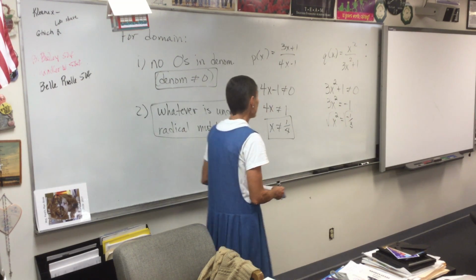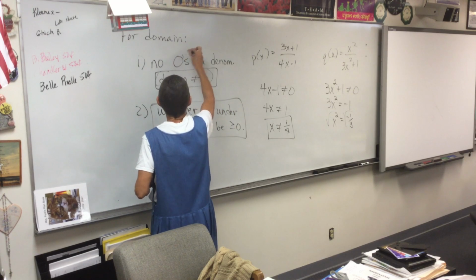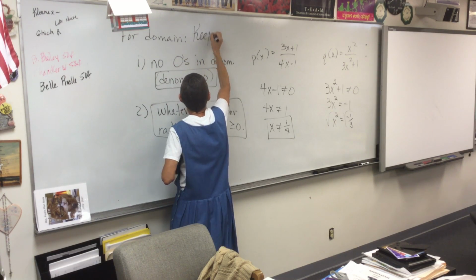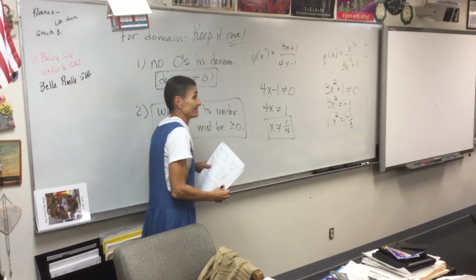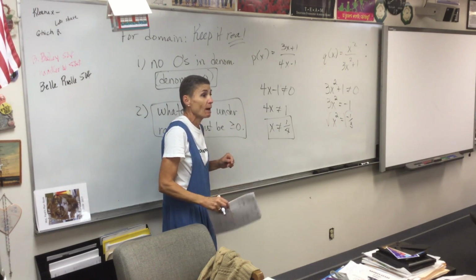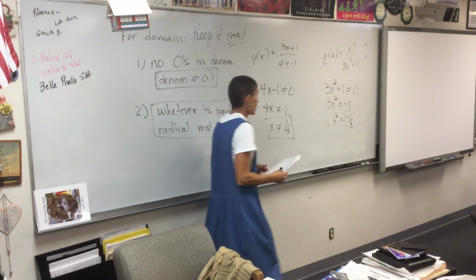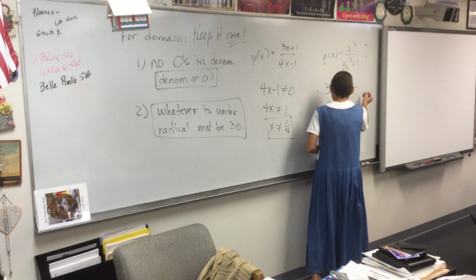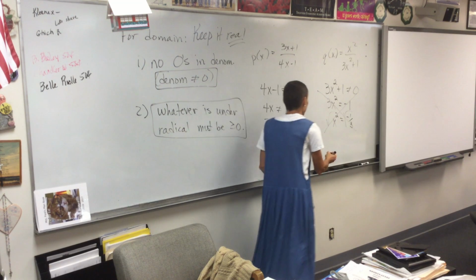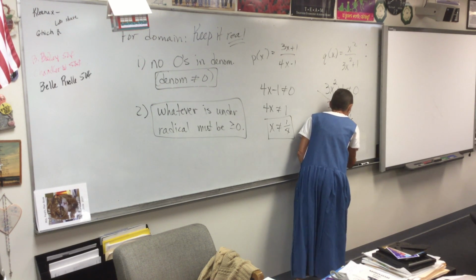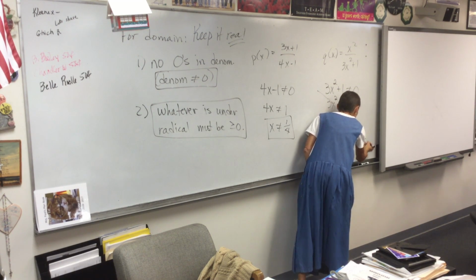The other thing about domain is we're going to keep it real. We're not going imaginary. So this doesn't count, it's imaginary, which means my domain is all real numbers.